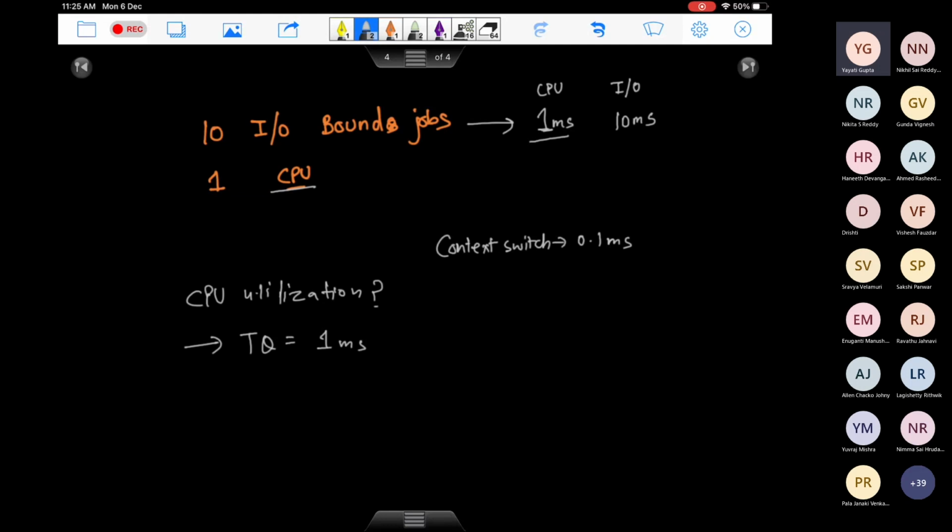P1 starts. Remember that it's round robin scheduling. So from 0 till when will it run? Let me try to unshare and share my screen again. Just a second.